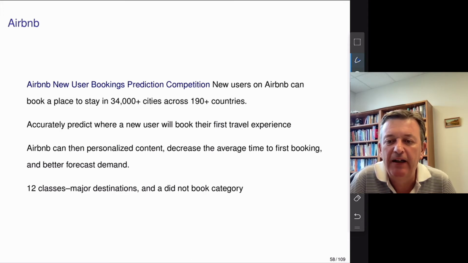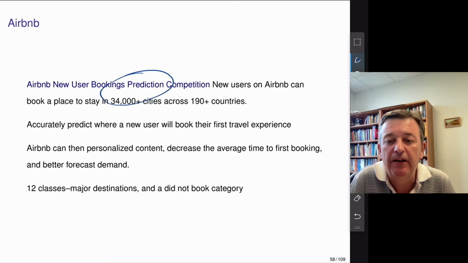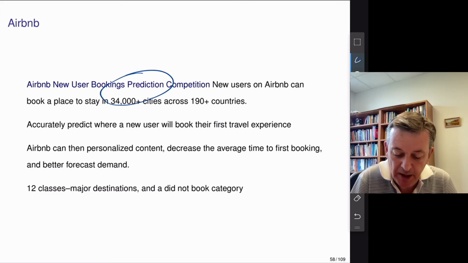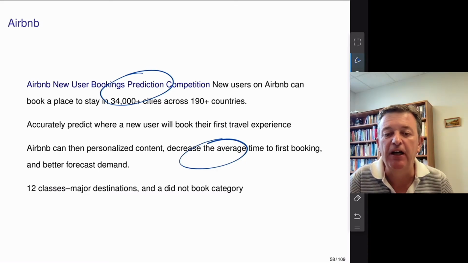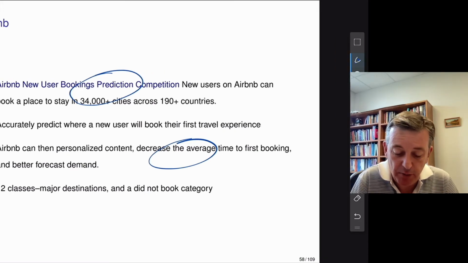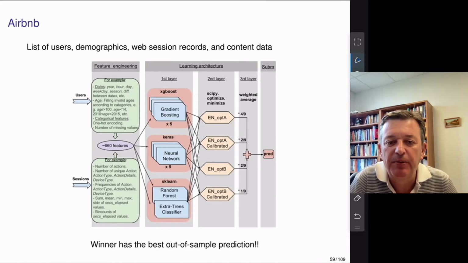Actually, I've written an academic paper on deep learning and Airbnb's data set. There's an Airbnb bookings prediction problem, another interesting, very data analytics heavy company that has an incredible data set on cities, countries, locations, people's preferences, and what people want to do. A lot of it is design of the website to try and help people find things that they really want to look at. If you look at some of the models that they fit, it's a very predictive approach.